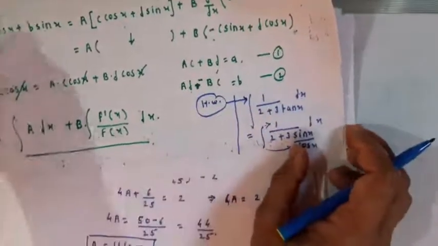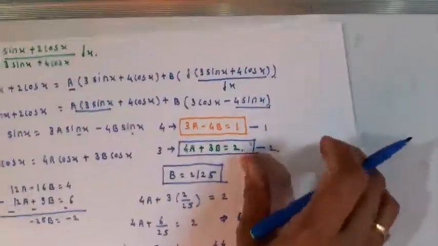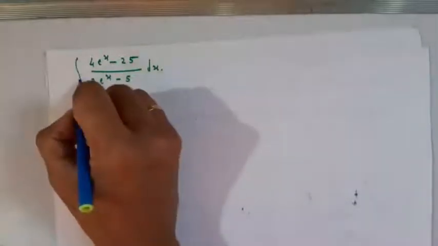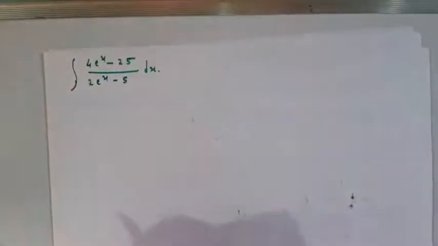Okay students, now the next problem is to evaluate the integration of 4 e raised to x minus 25 upon 2 e raised to x minus 5.